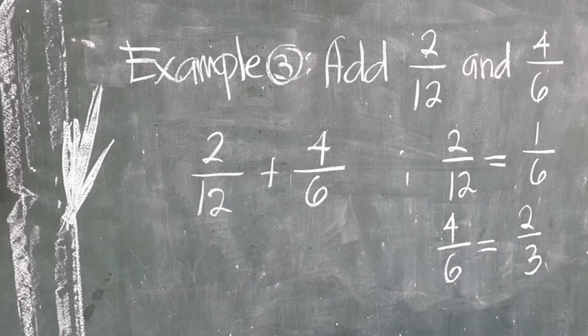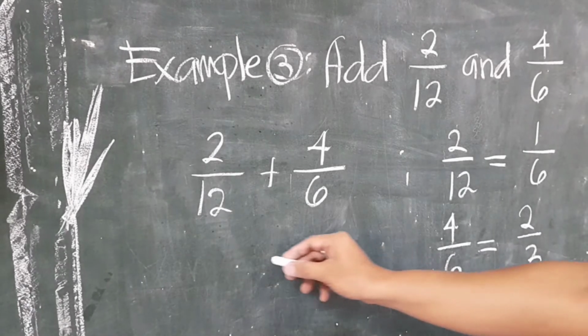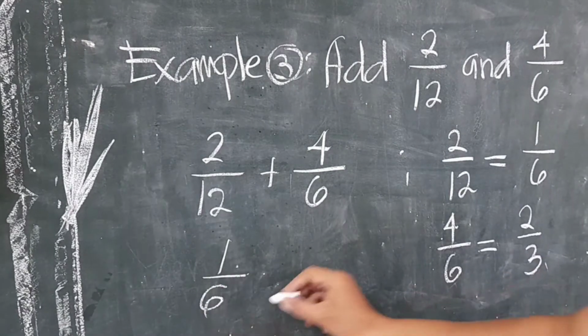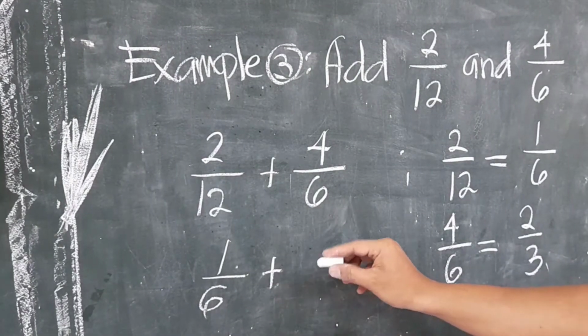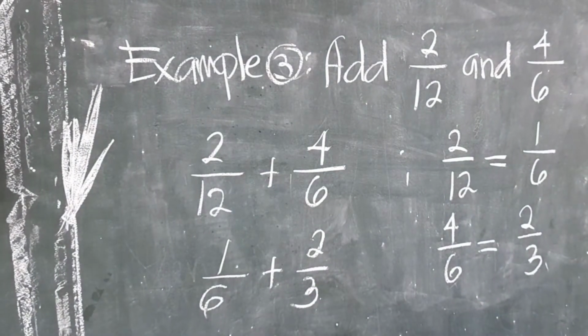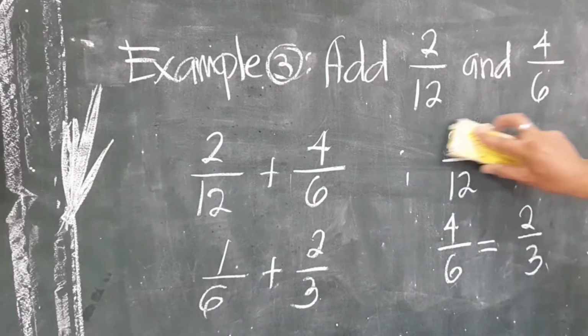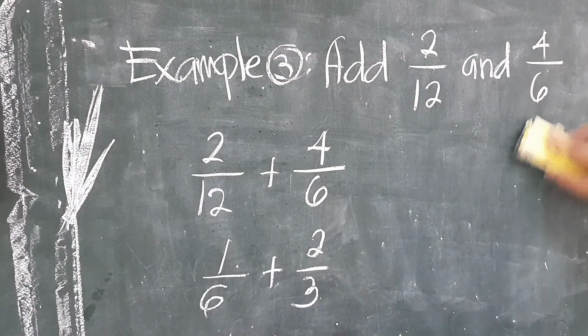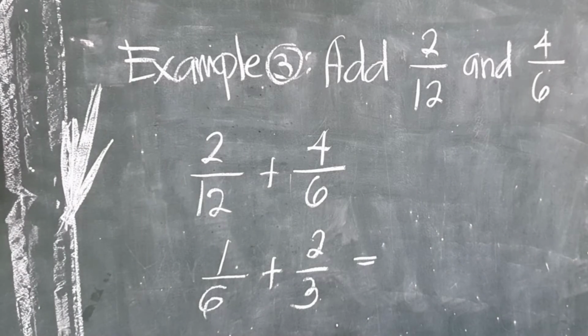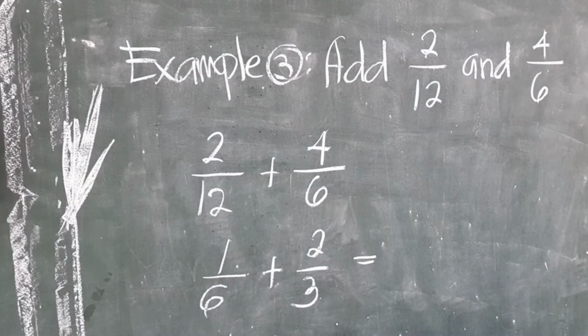So that is, we have 1 over 6 plus 2 over 3. So we have now two dissimilar fractions, 1 over 6 plus 2 over 3.